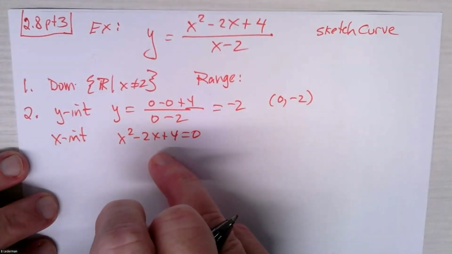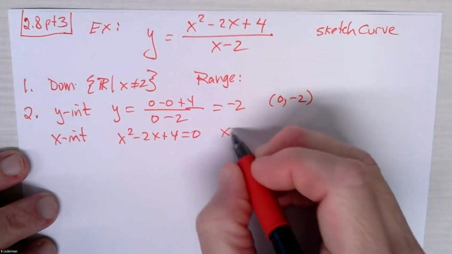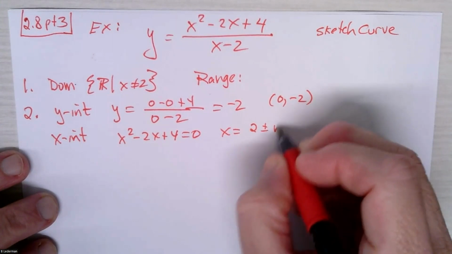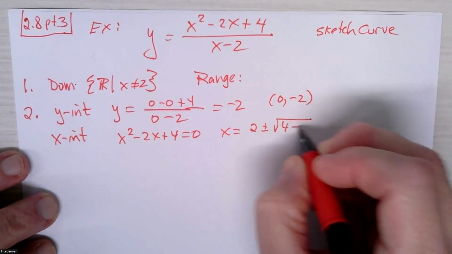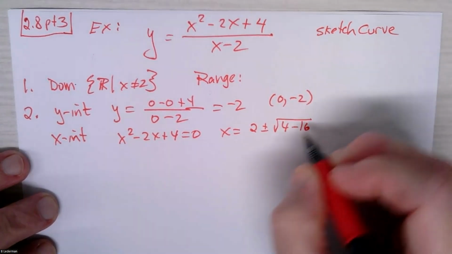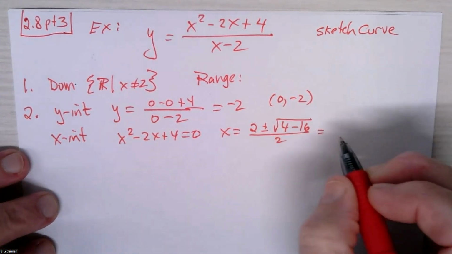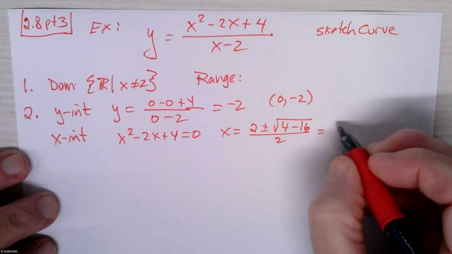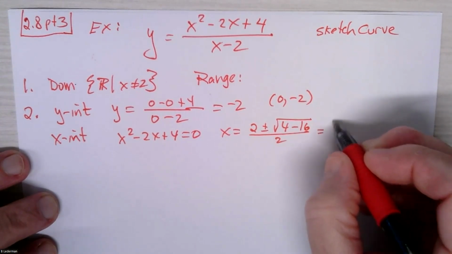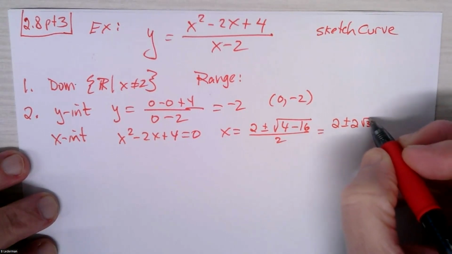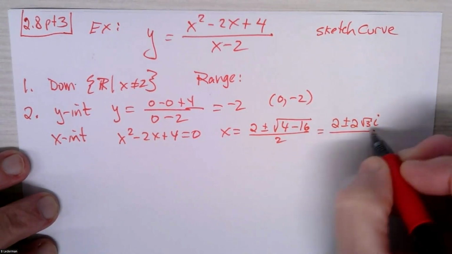This cannot be factored, so I need the quadratic formula: negative b plus or minus the square root of b squared minus 4ac. Notice this is going to be an imaginary number: 2 plus or minus 2 root 3 i.